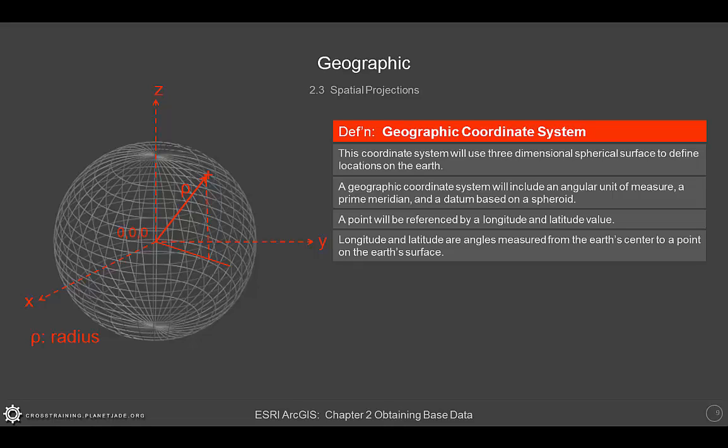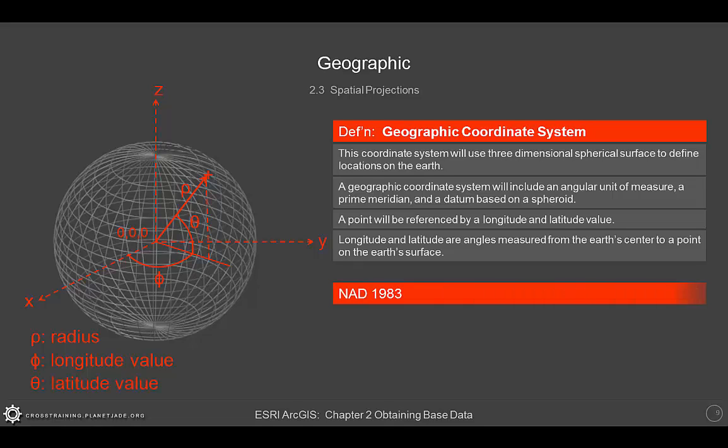So again, the center of the Earth is basically 0, 0, 0, which is the origin. And then we take a look at this angle here, which we call phi, which is our longitude value. And then we take a look at our latitude value, which we sometimes call theta, to locate where that point is on the surface.